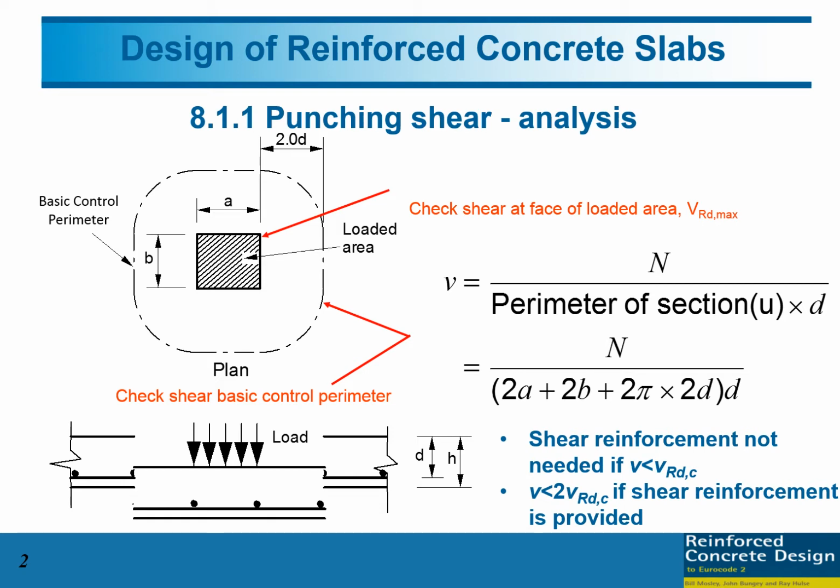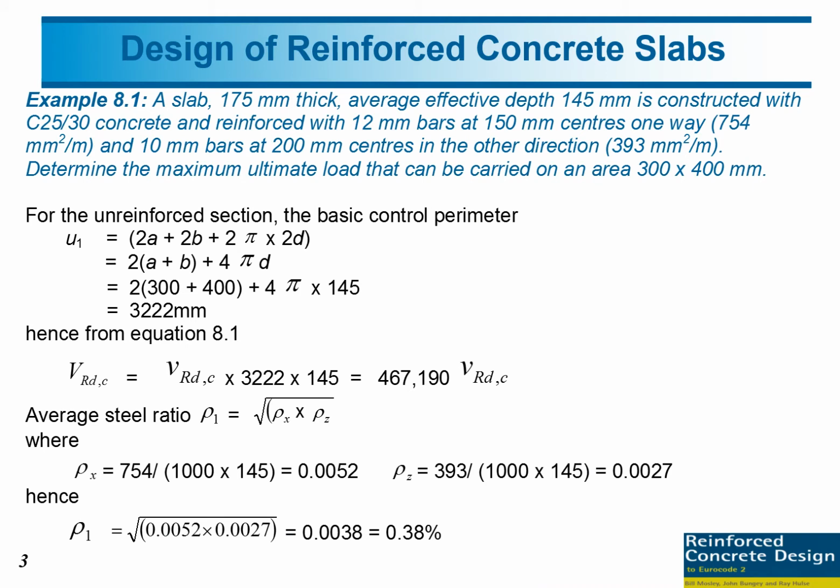But if shear reinforcement is provided, we need to ensure that V is less than 2 VRdc. In example 8.1, for example, we have a slab with 175 thickness and an effective depth D of 145 mm, constructed with concrete grade 25 and reinforced with 12 mm diameter bars at 150 centres one way, and 10 mm bars at 200 centres in the other direction.